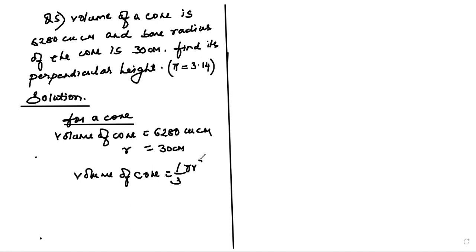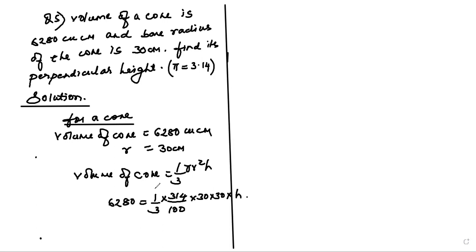Very simple sum. So in place of volume, you substitute 6280 equals 1 upon 3, pi is 3.14. Can I write 314 and shift, write 1 and 2 zeros in the denominator? Now r square, r is 30 into 30. And they want h.